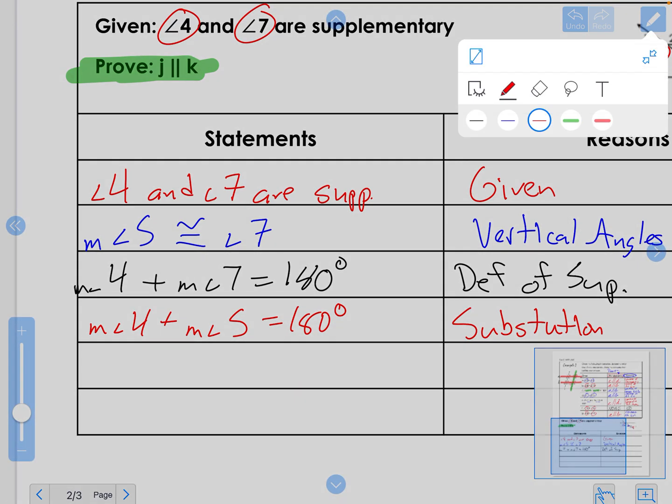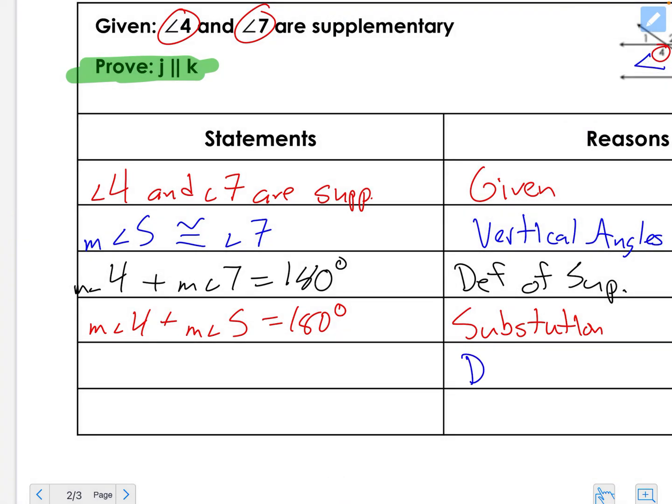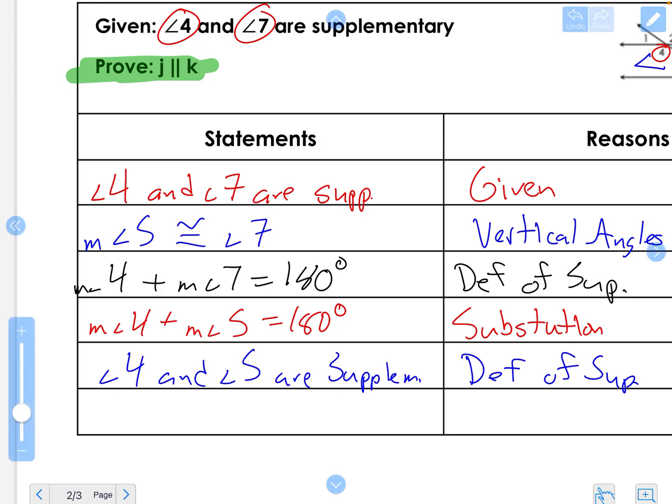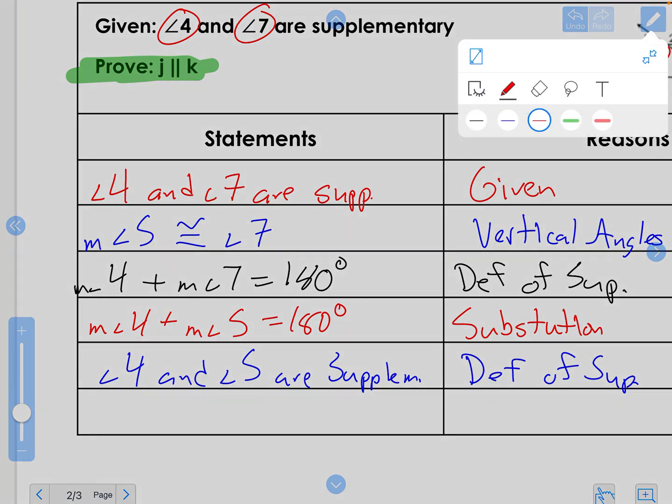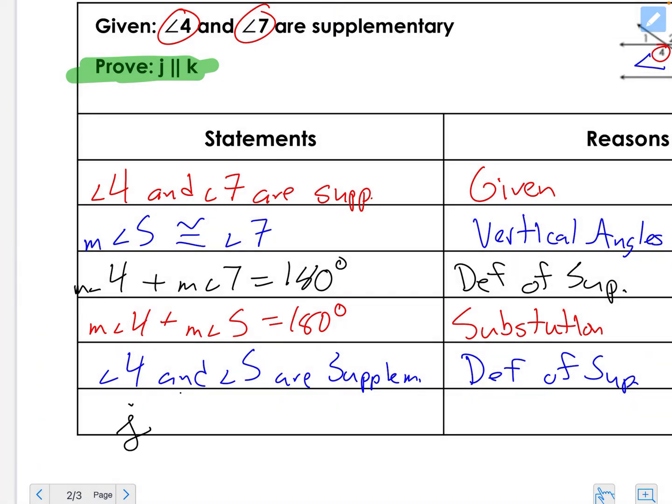Now I need to go back to my definition of supplementary because I need to prove that angle 4 and angle 5 are supplementary. Once I've proven that 4 and 5 are supplementary, I can then prove that J is parallel to K.